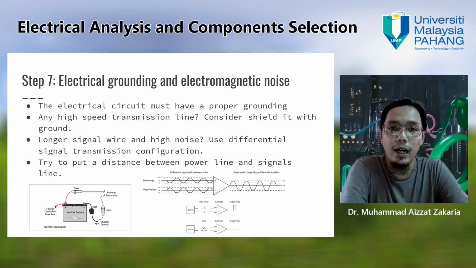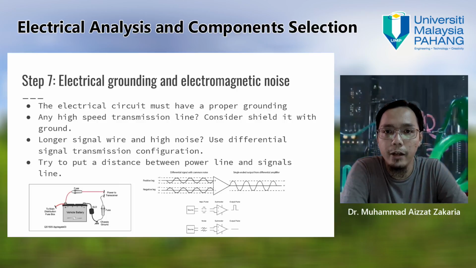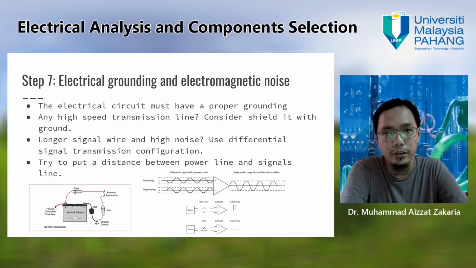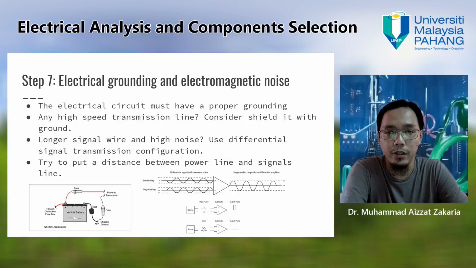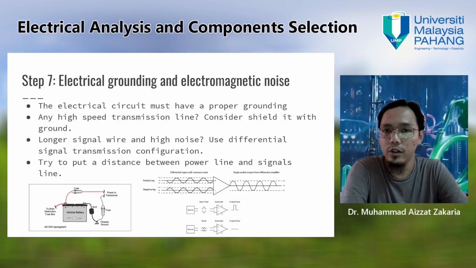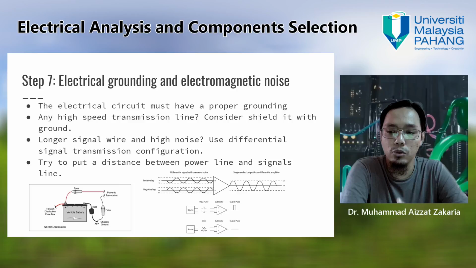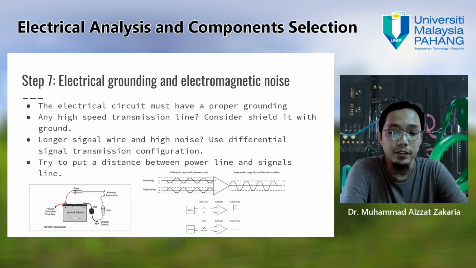If our wiring is longer, for example more than 5 meters for a signal line, we will have a very significant voltage drop from the sender to the receiver, and you may receive a wrong signal. So we need to use a differential signal transmission protocol if we have a very long signal line, and try to put a distance between the power line and the signal line.